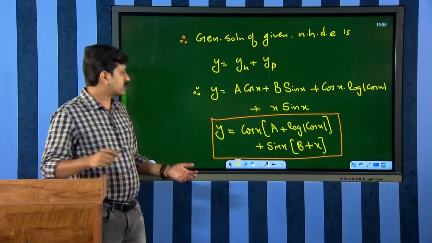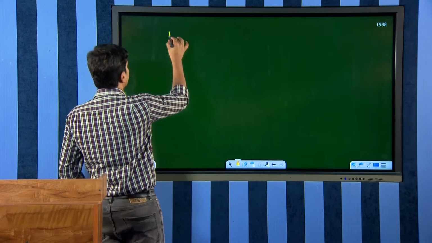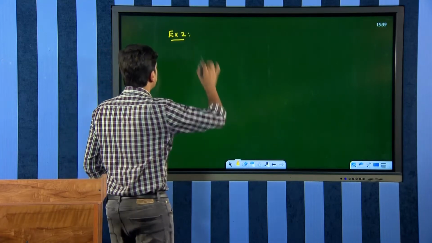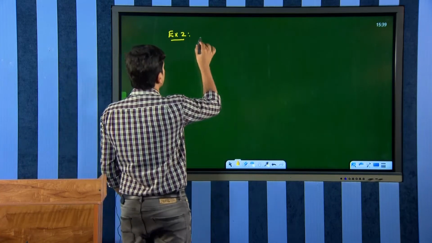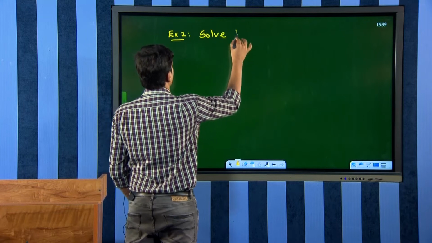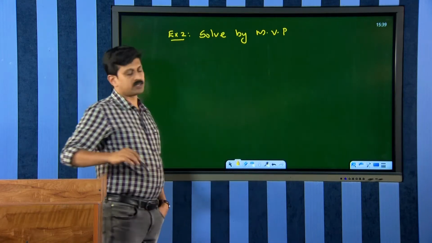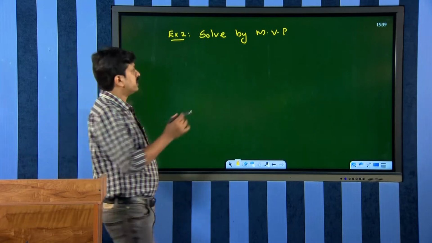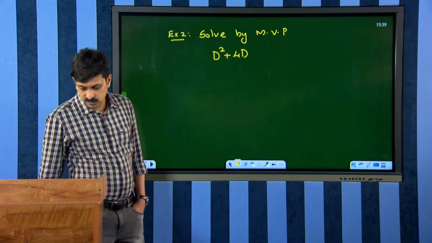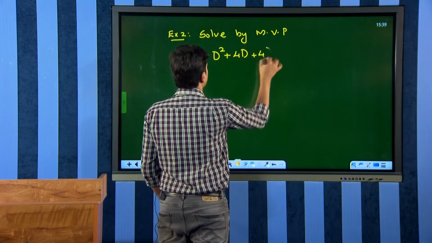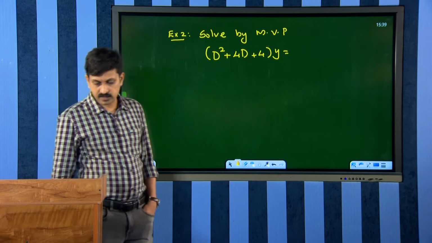Dear students, I would like to write one more question for you. We move to example 2. In example 2, solve by method of variation of parameters: D square plus 4D plus 4 into y is equal to e raised to minus 2t divided by t square.